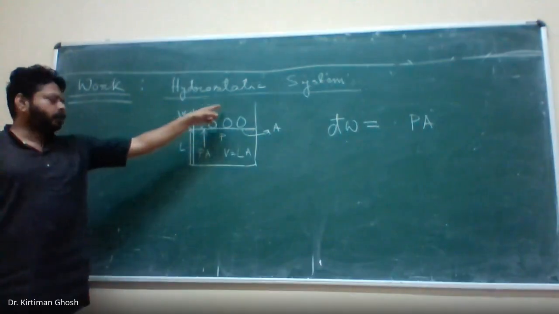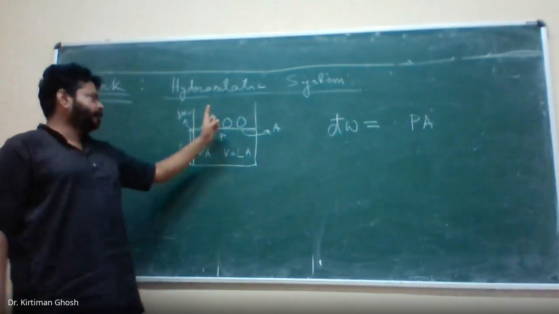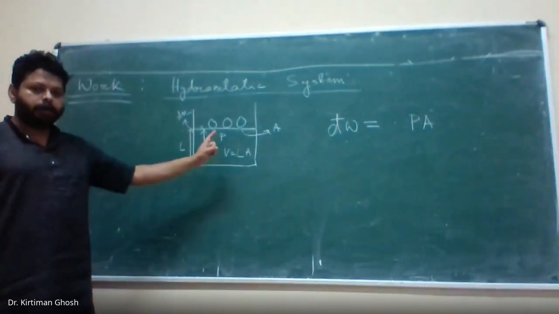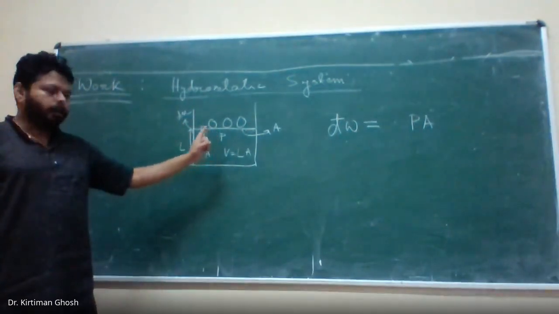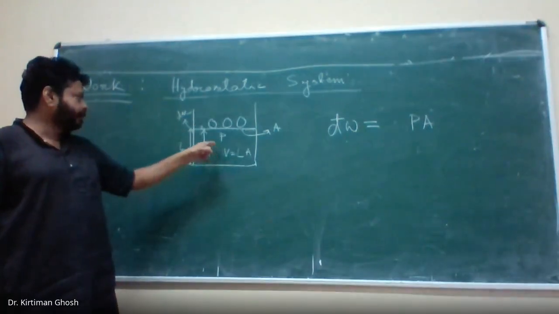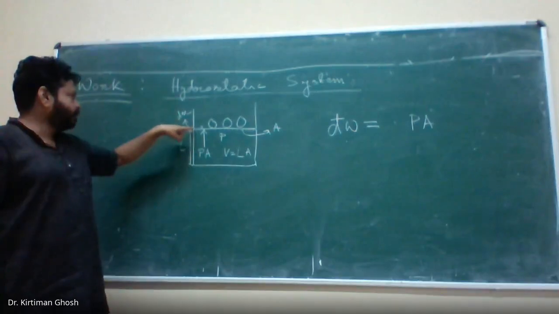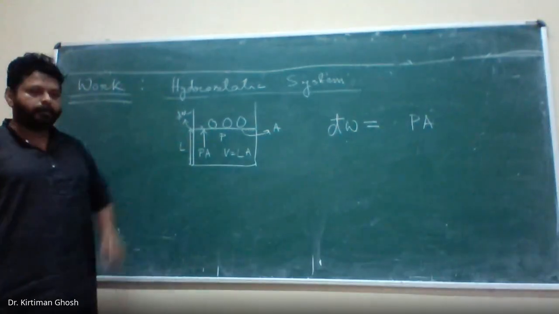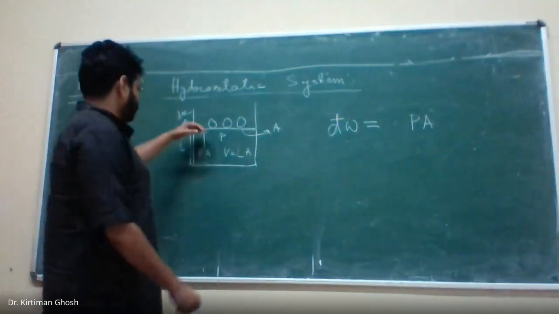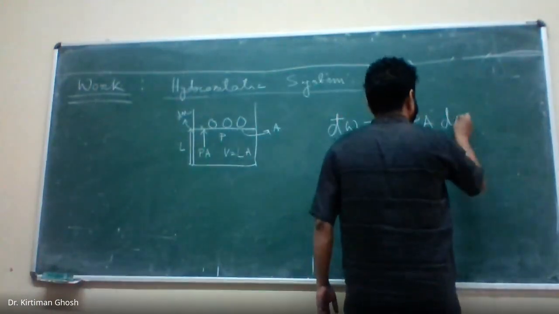The external force, as I told you, the convention of sign is that if the external force and the direction of displacement are the same, then we consider that as positive. In this case, the external force is acting in this direction, and as I draw the picture, I consider the displacement in the same direction. So this is a positive one. This is the force acting on this thing, and the displacement is dx.